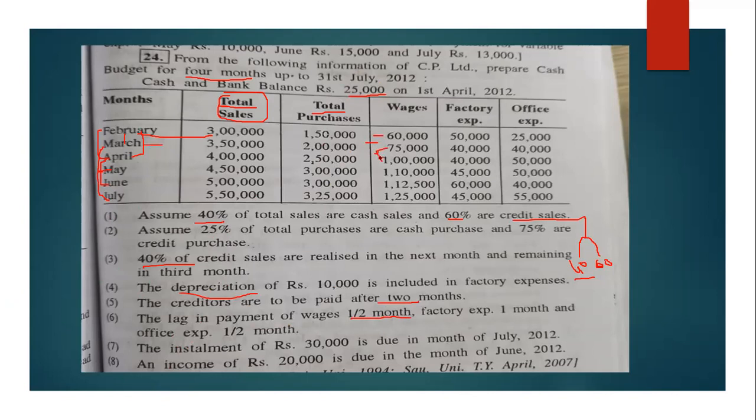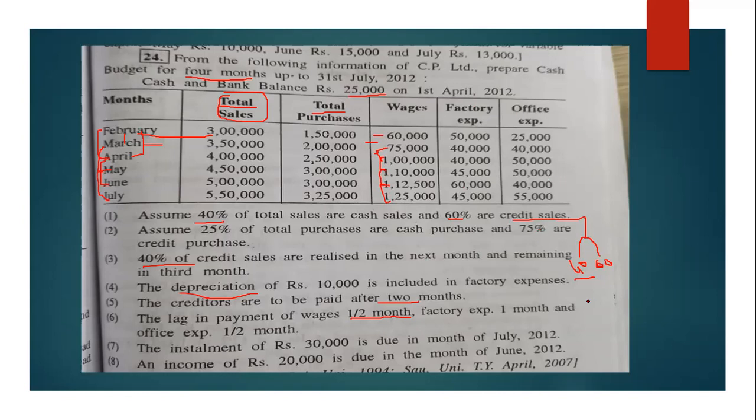Then 50% of April and 50% of May. Then 50% of May and 50% of June. Then 50% of June and 50% of July. We have already done this kind of calculation, so you will not find any difficulty while calculating this.